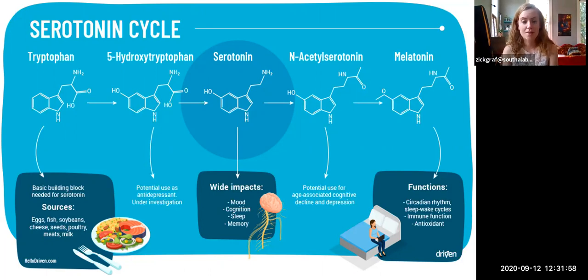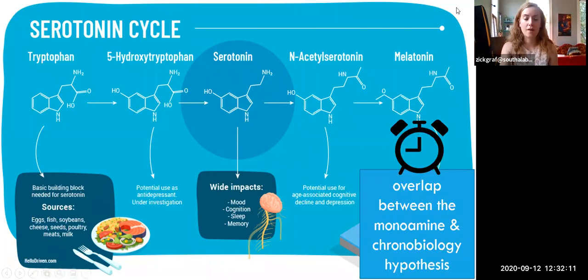And as we'll talk about in the next couple slides, serotonin has widespread impacts on mood, but also on cognition, sleep, memory, even digestion. And then lastly, the final breakdown product of serotonin is melatonin. And this highlights a significant overlap between the monoamine hypothesis of depression risk and the chronobiology hypothesis.